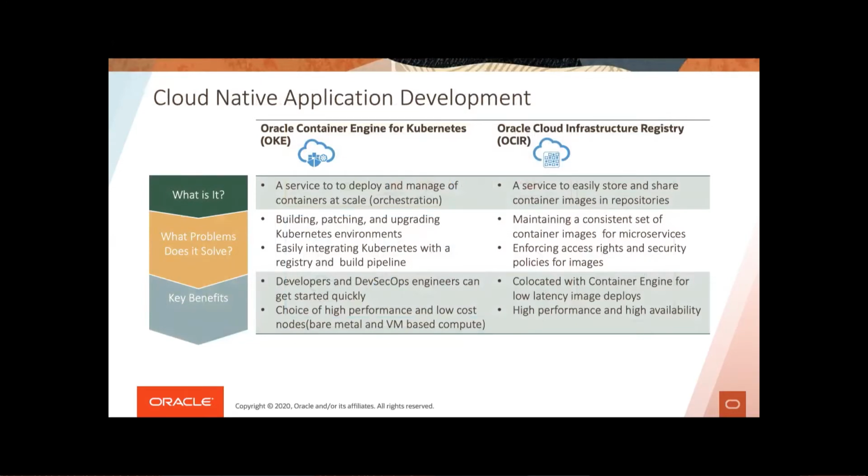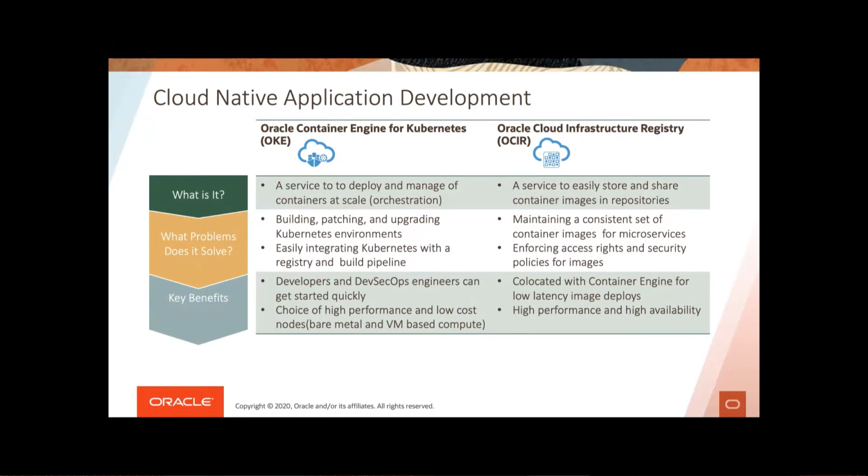Okay, let's talk a little bit more about Oracle Container Engine for Kubernetes, OKE, and Oracle Cloud Infrastructure Registry, OCR. OKE is a developer-friendly and enterprise-ready managed service that runs highly available Kubernetes clusters with the control, security, and performance of Oracle Cloud Infrastructure, while keeping pace and compatibility with the CNCF ecosystem.